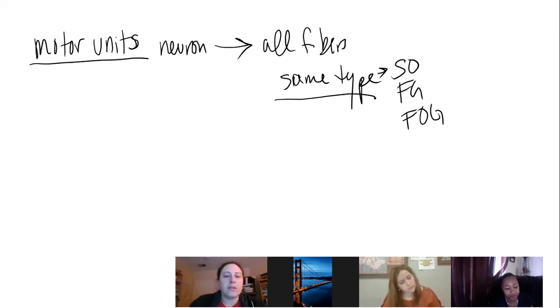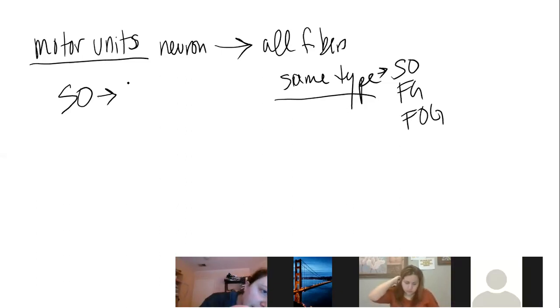So when you start stimulating a whole muscle, the motor units that you stimulate first are going to be your slow oxidative. Slow oxidative motor units have the most excitable motor neurons. So they're the most sensitive, and they're the first recruited.